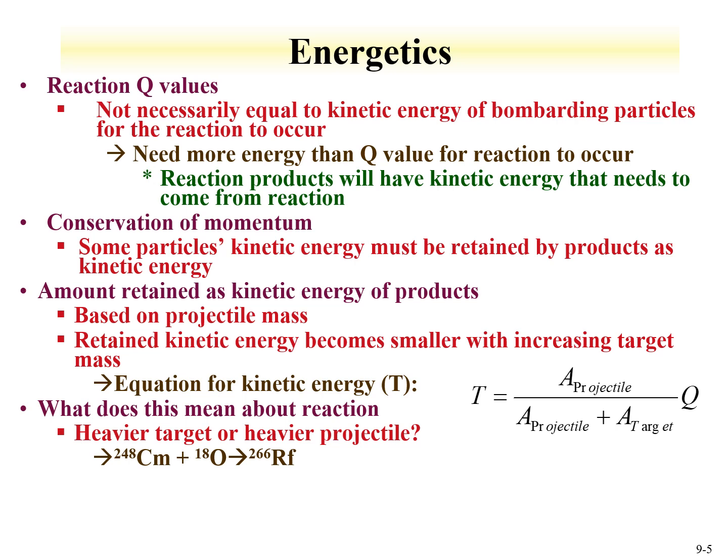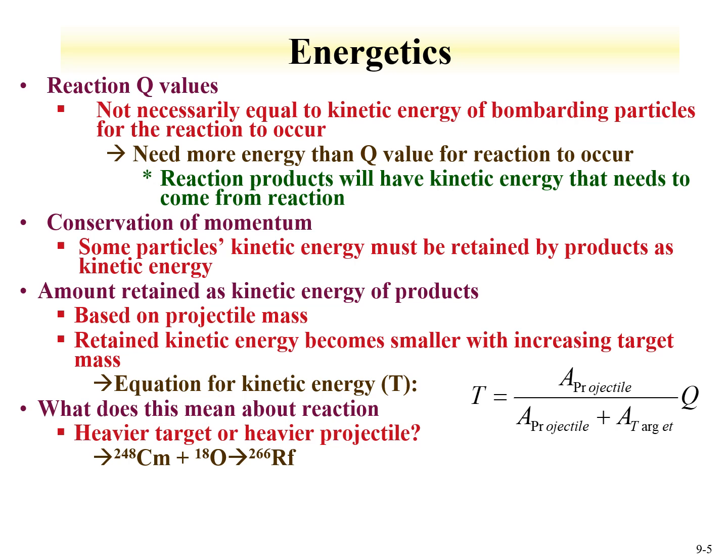Let's continue evaluating these energetics in reactions and discuss the Q value. The Q value is not necessarily equal to the energy that's necessary for the reaction to occur. Oftentimes, for a reaction to proceed forward, it will need to overcome and be greater than the Q value. This is because products will also have kinetic energy that needs to come from the reaction.